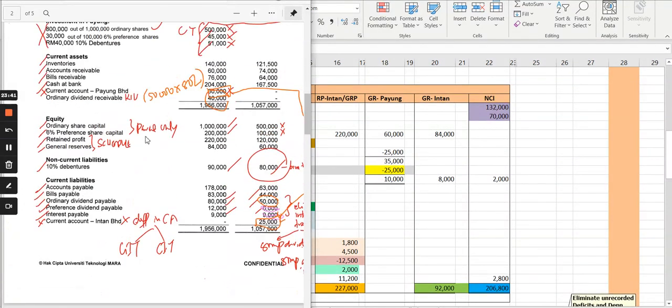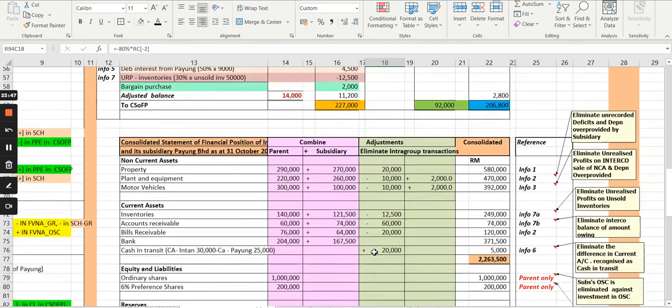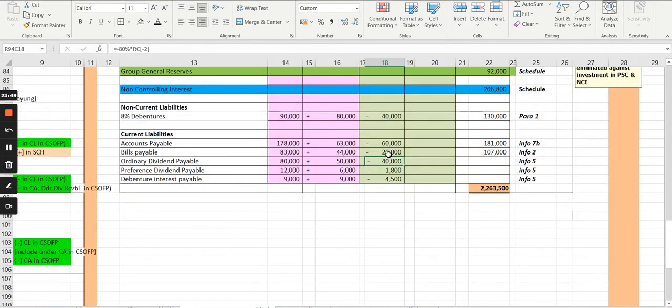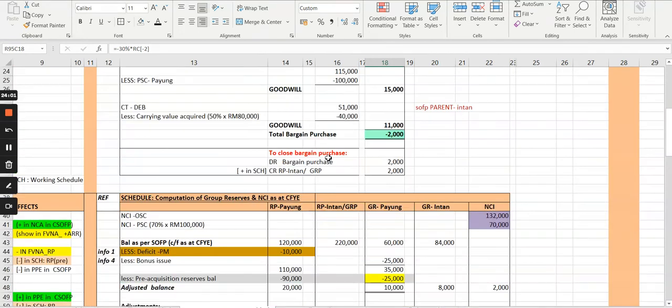The amount here, so that has to be removed. So now we are removing it here, 40,000. This is the one that was earlier credited in the consolidated retained profit schedule, group retained profit.